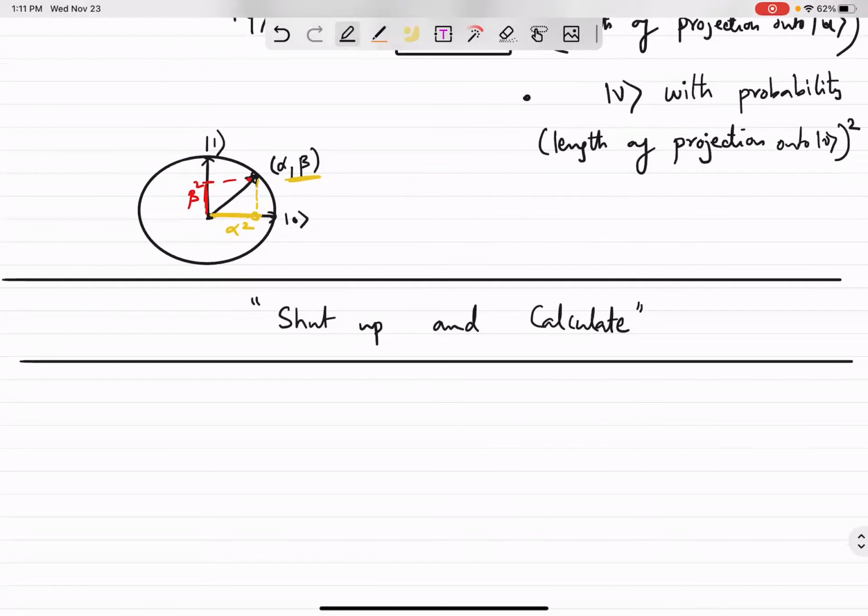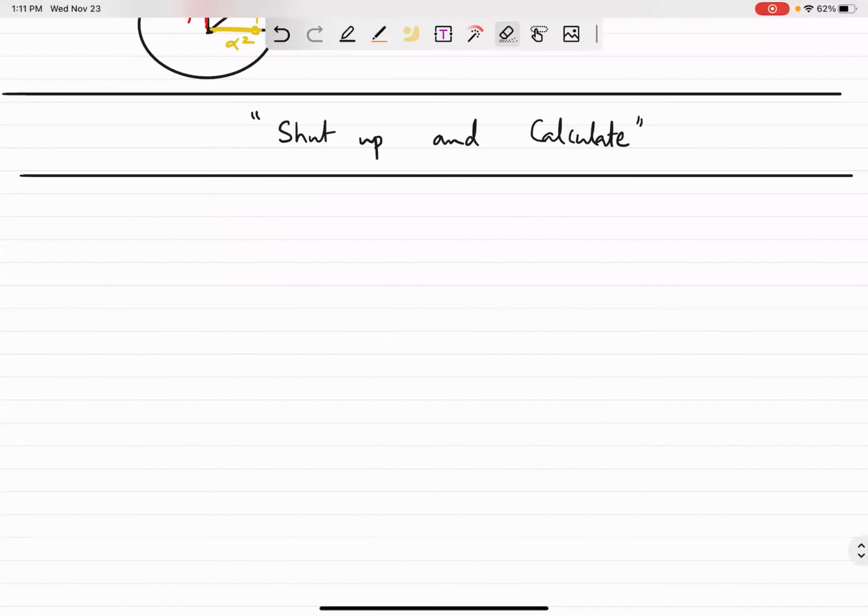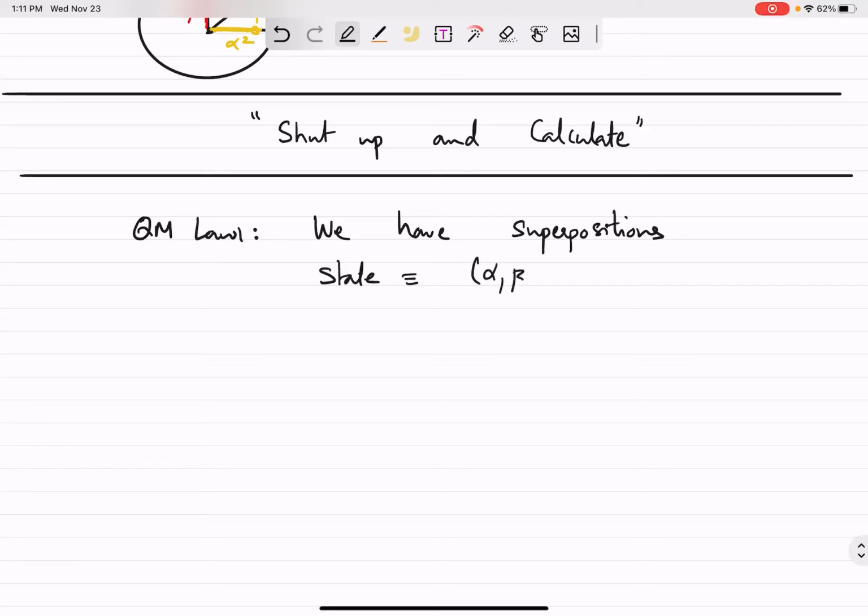Okay, so let me summarize. Law 1 is we have superpositions. So a state corresponds to alpha and beta.